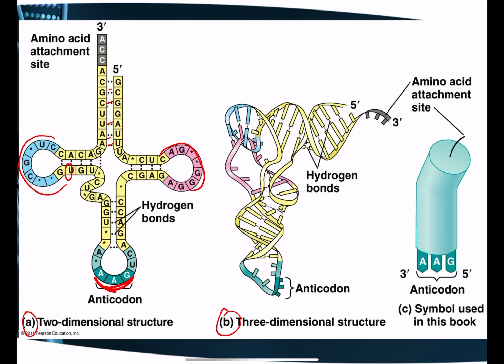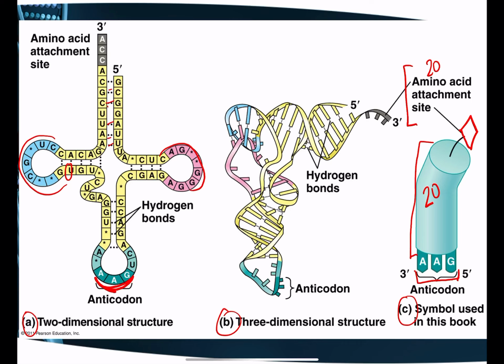So if you look at it more three-dimensionally, it looks a little bit more like this. But in our pictures for what we're going to do today, this is the symbol that we have. So we've got our tRNA right here holding on to our anticodon, and then the different amino acids will attach here, okay? So we have 20 different amino acids, so there's 20 total types of tRNA, okay?